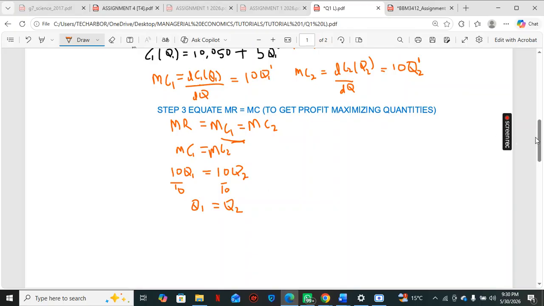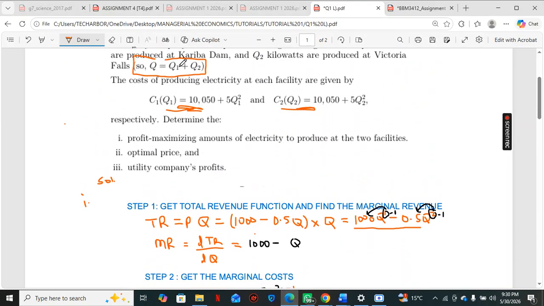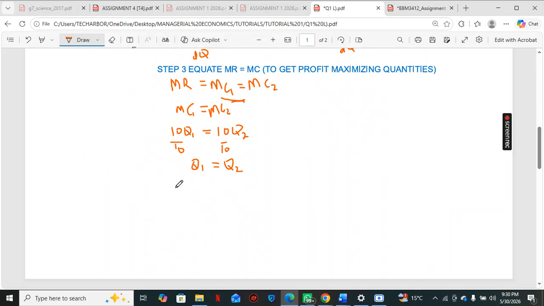Colleagues, this is where this expression comes into play: Q equals Q1 plus Q2. We can simplify this expression and we can substitute either Q1 or Q2.